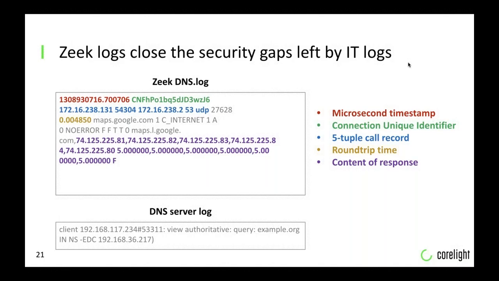A way to communicate with their malicious servers and hoping they can hide in the noise of your DNS traffic. That might be someone using DNS to exfiltrate data out of your environment by breaking it up into small bits and passing it out to their server and their server responding back, yes, please acknowledge, send more, right? We need that purple string in that DNS log that Zeek generates, and you often won't find it in your DNS server log if you look. And that's if you're lucky enough to have it turned on.